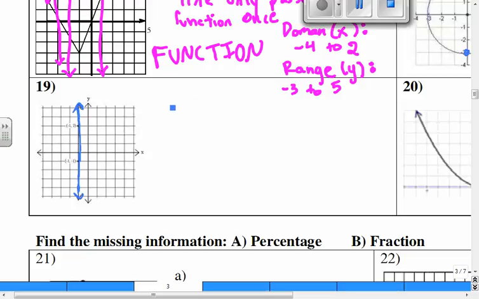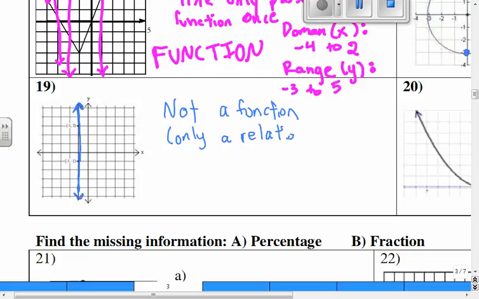This fails the vertical line test, meaning it is not a function. If it's not a function, then it's only a relation. Now remember, a function is a relation, but a relation is not necessarily a function. In this case, it's only a relation.